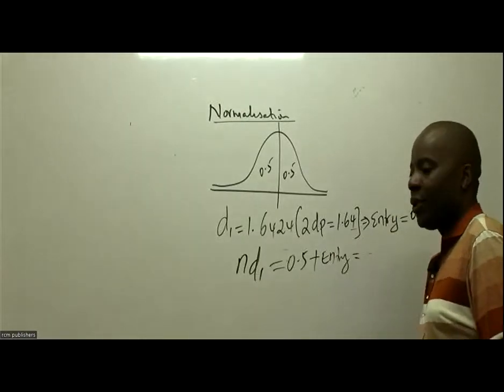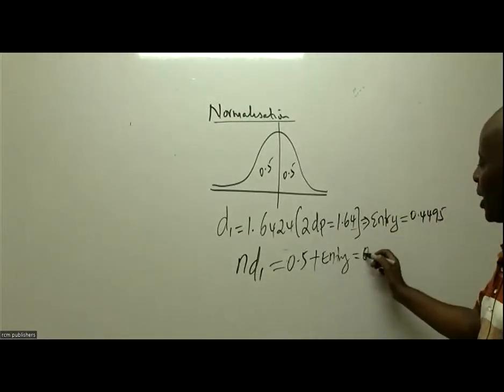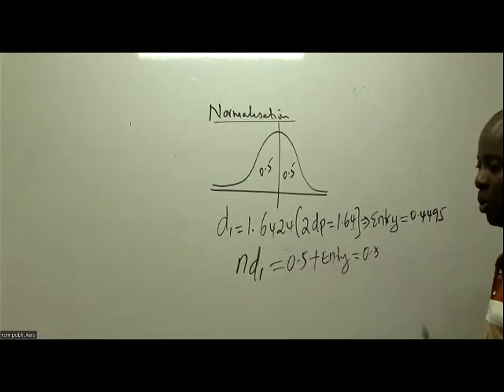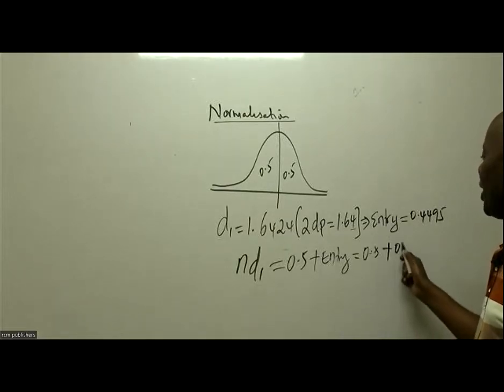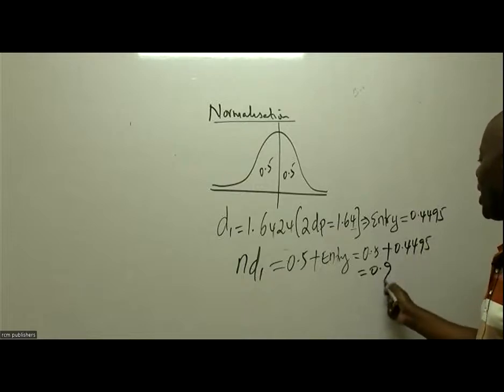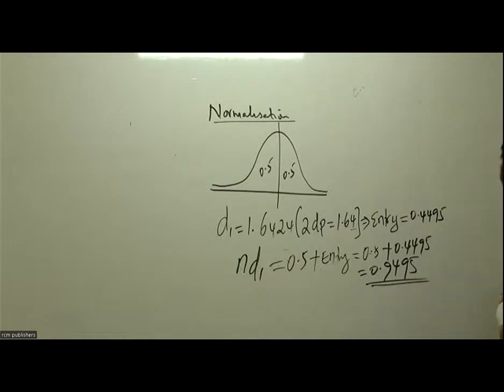I'm saying plus here because D1 is positive. If D1 was negative, I would have said 0.5 minus the entry. So this will be 0.5 plus the entry, which is 44.94, which gives me 0.9495 like that. That is the answer.